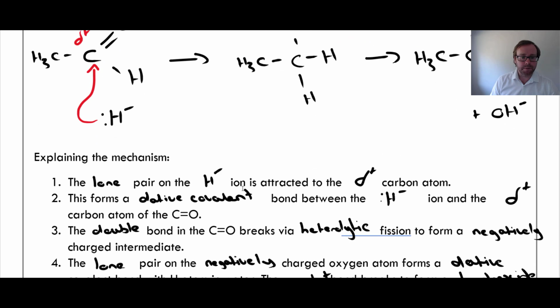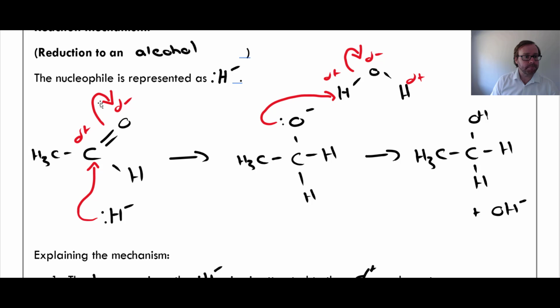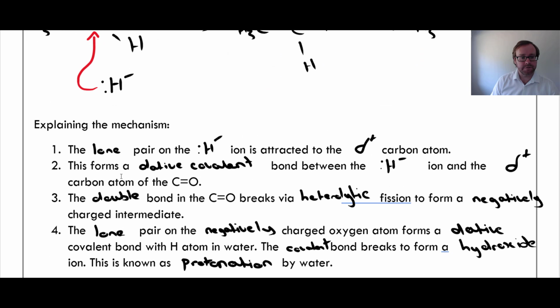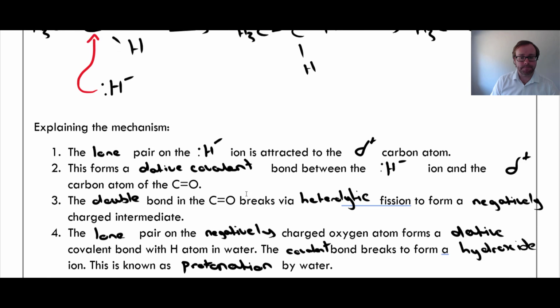Okay, so we'll just explain this. So first bit, the lone pair on the hydride ion is attracted to the delta plus carbon. This forms a dative covalent bond, so this would be my dative covalent bond that forms. The double bond breaks via heterolytic fission, and it forms this negatively charged intermediate.